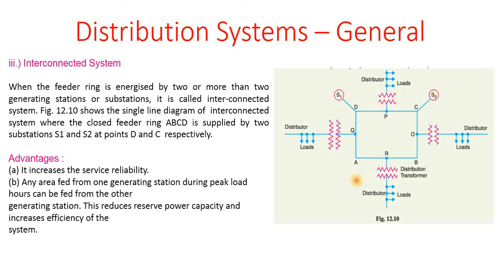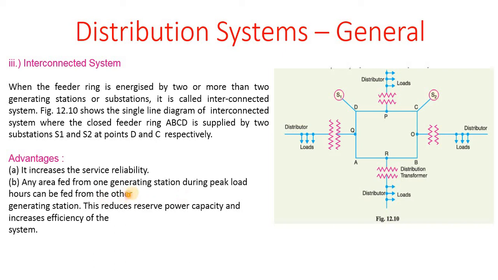Advantages: it increases the service reliability. Service reliability in the sense that if the ring is disconnected at some point, then the distribution transformers are still connected via another alternate route.